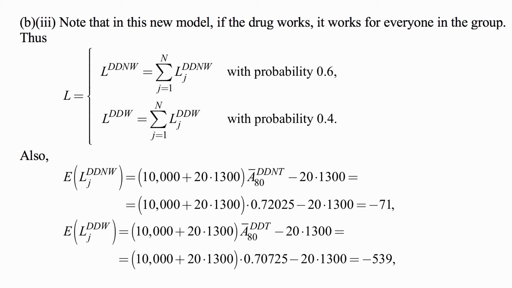And therefore, the expected value of Lj DDNW becomes negative 71, and the expected value of Lj DDW uses the values of life insurance we just calculated in both cases, and that becomes negative 539.